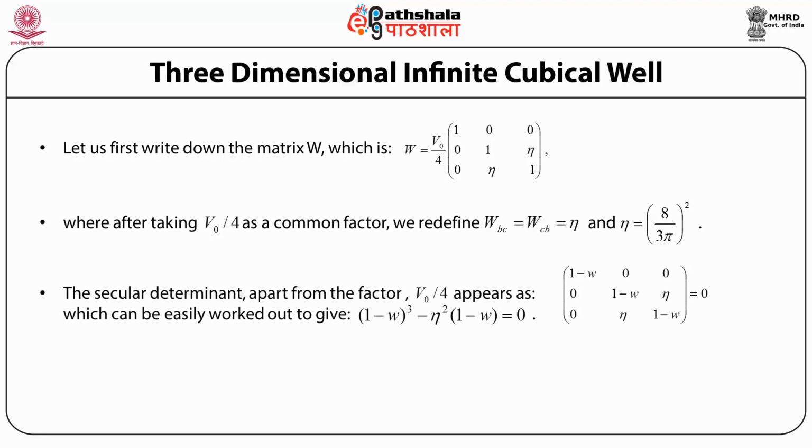The secular determinant, apart from the factor V0 by 4, appears as: first row, 1 minus omega, 0, 0; second row, 0, 1 minus omega, eta; third row, 0, eta, 1 minus omega.